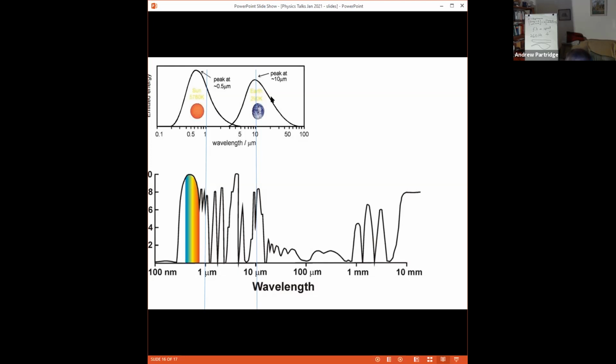And in this region, the atmosphere is more absorptive, and the famous carbon dioxide is a vigorous absorber of radiation.